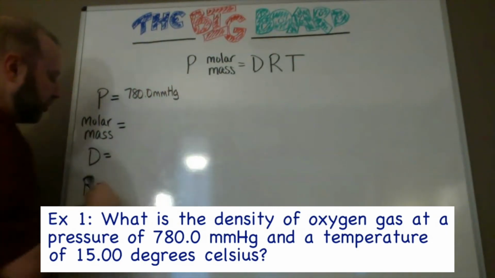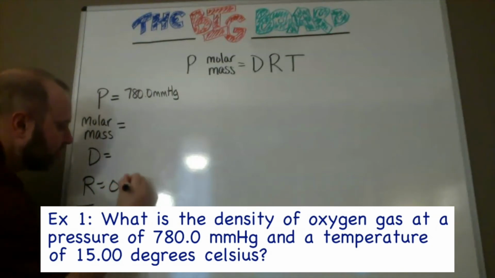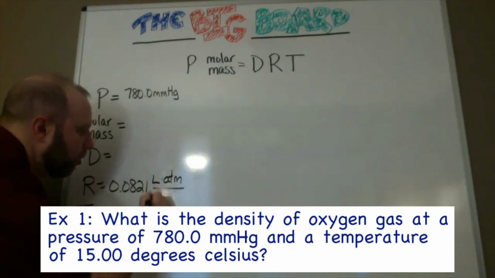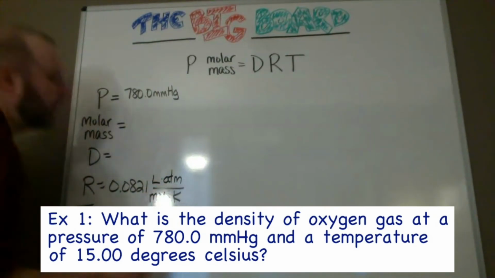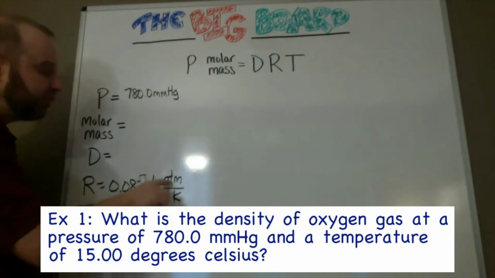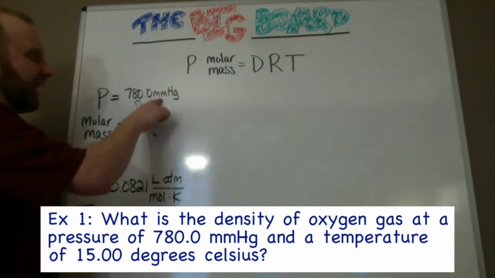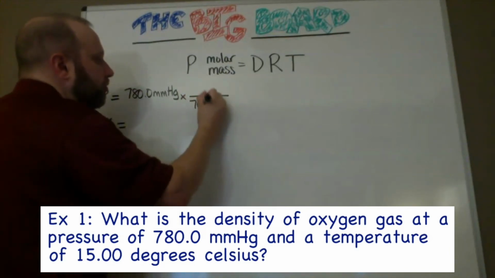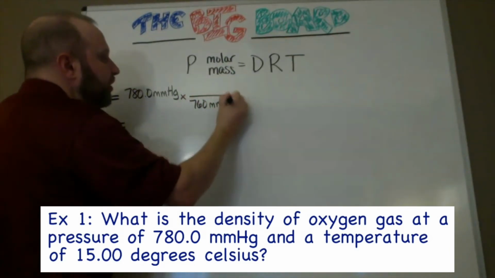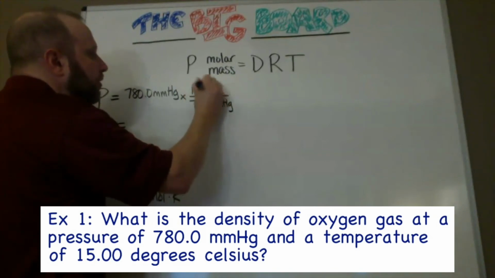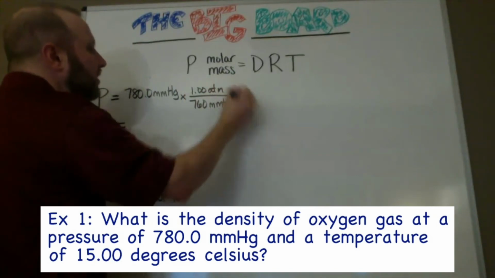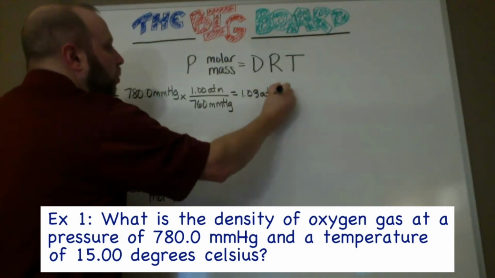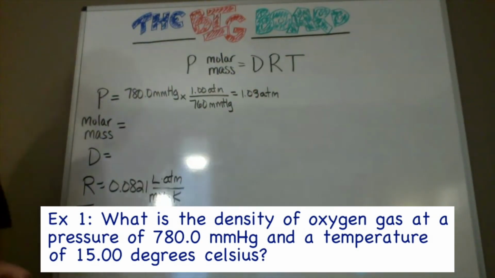Now, because we're using R, 0.0821 liter atm over mole Kelvin, we have to have our pressure in units of atm. We can't have it in mmHg. So we're going to multiply this by 1.00 atm for every 760 mmHg, and that turns out to be a pressure of 1.03 atm.